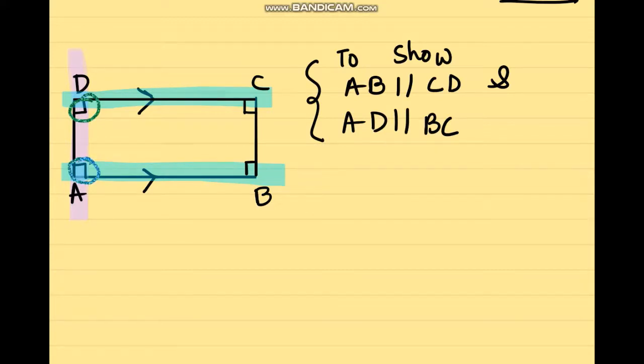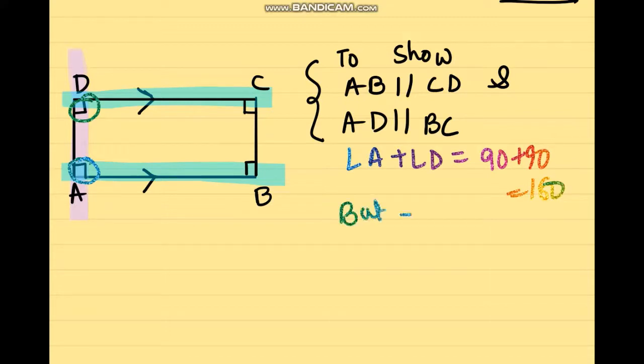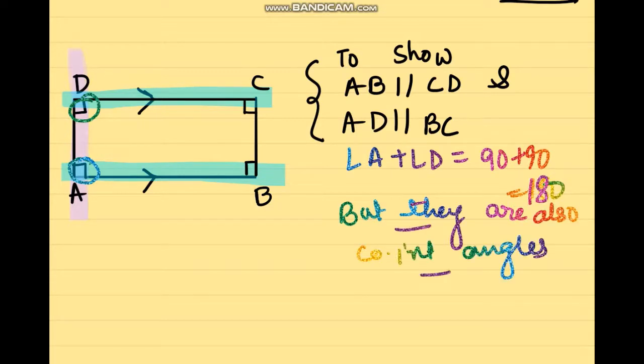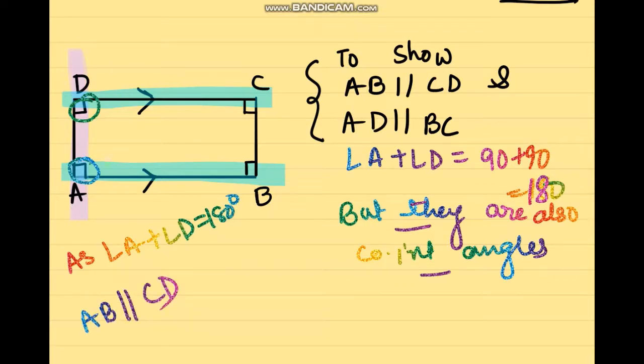Angle A plus angle D will be equal to 90 plus 90, that is 180 degrees. But they are also co-interior angles. So as angle A plus angle D is equal to 180 degrees, AB is parallel to CD.